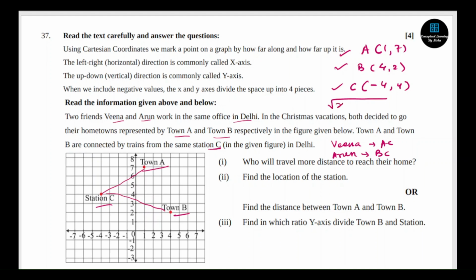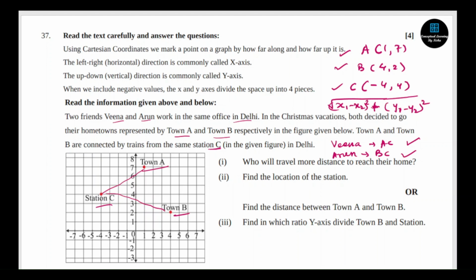Square root of (x1 minus x2) whole square plus (y1 minus y2) whole square, or you can write (x2 minus x1) whole square plus (y2 minus y1) whole square. Don't change the order. Now using this you can find AC and BC and then you can figure out which is more. So do this on your own.